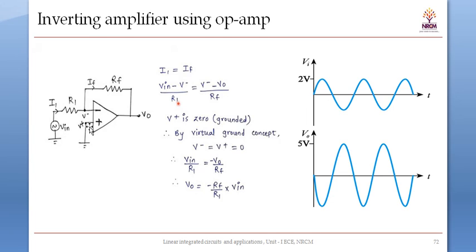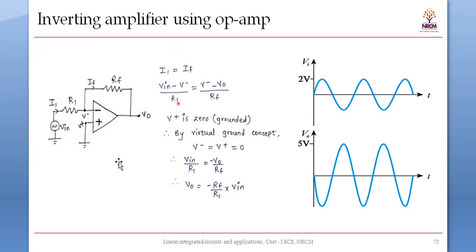VID equal to 0 means the differential input voltage, that is positive terminal voltage minus negative terminal voltage, is 0. That is V plus is equal to V minus. So VID is 0 means V plus minus V minus is equal to 0, that is V plus is equal to V minus.